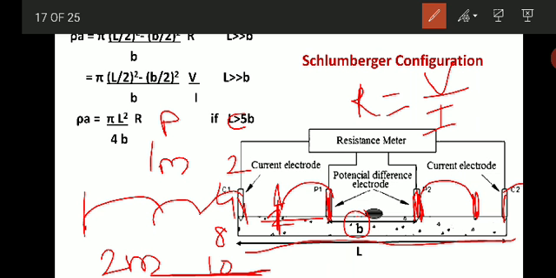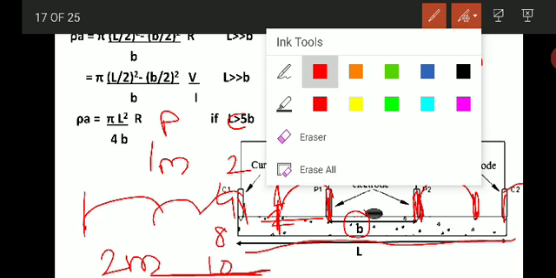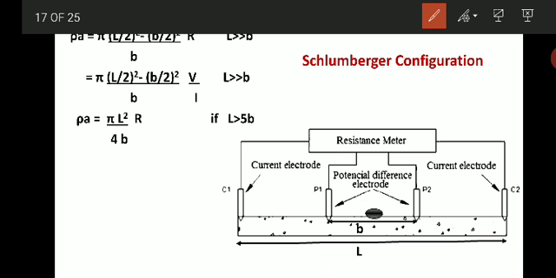You can keep a distance of 2 meters and measure the resistance, and then you can use this formula to find the resistance.